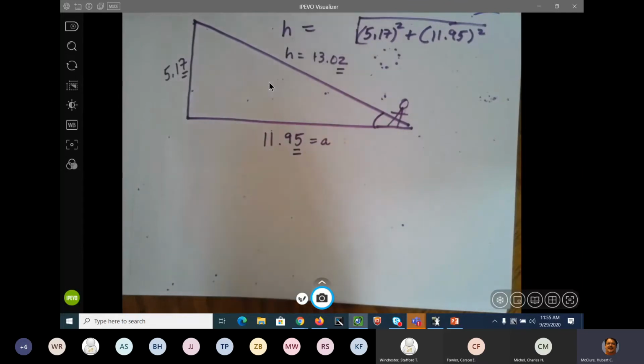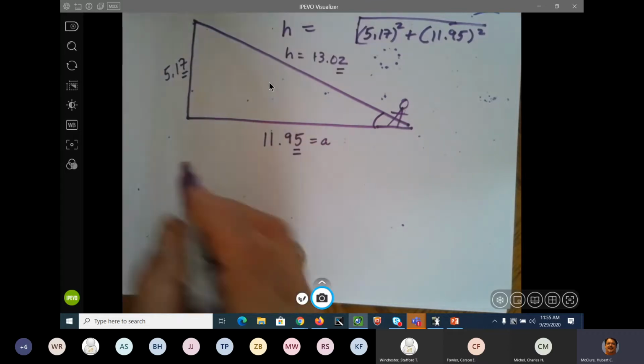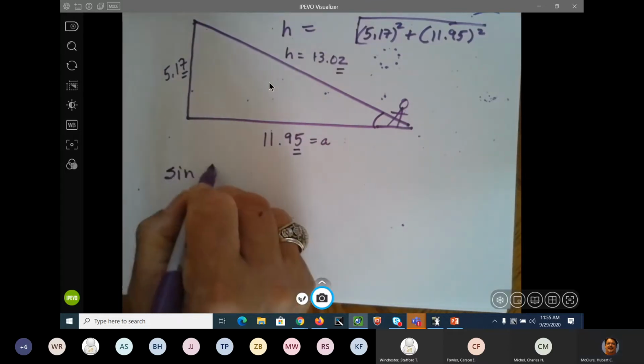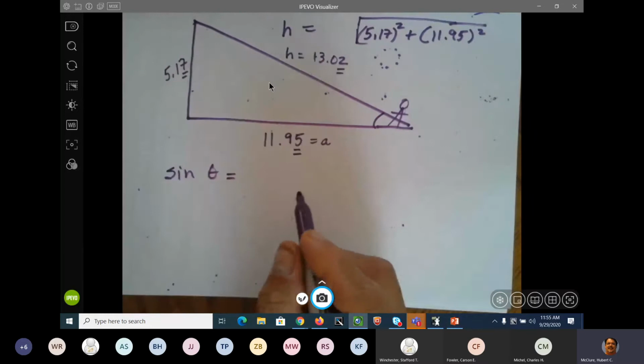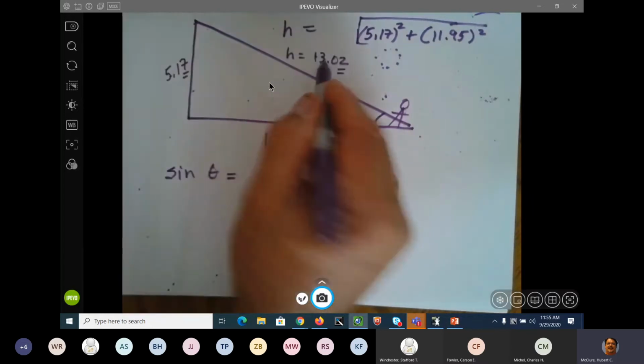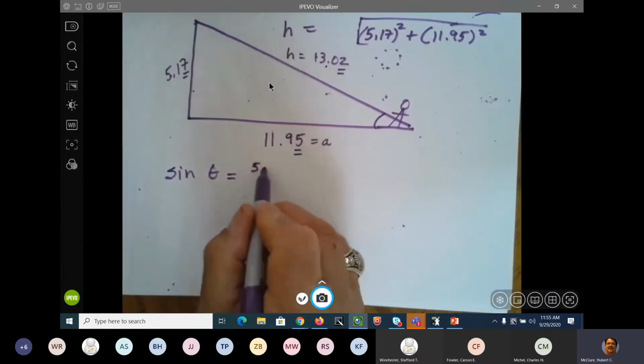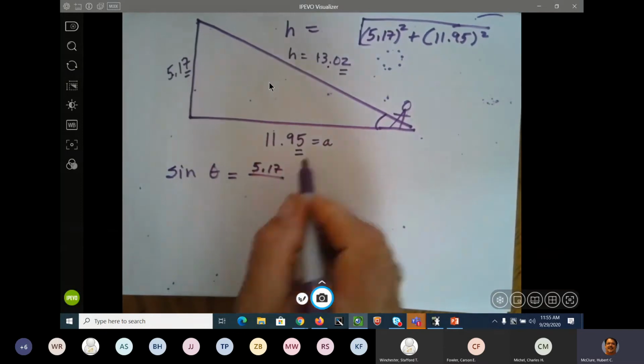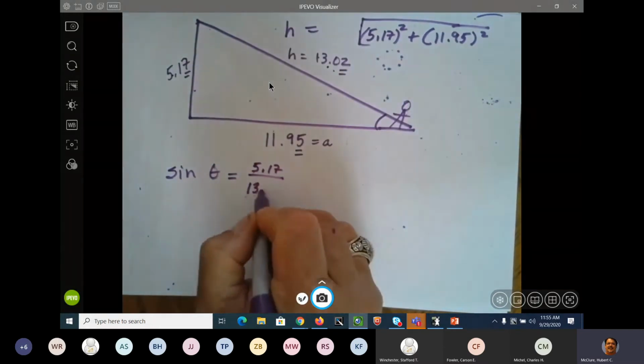All three of them will give me the same answer. So I'm going to use Oscar Had sine. So sine of theta is equal to 5.17 over 13.02.